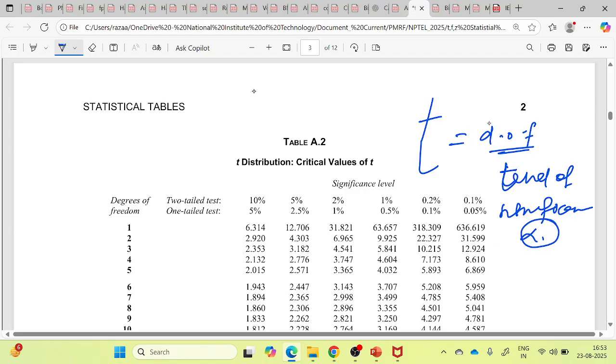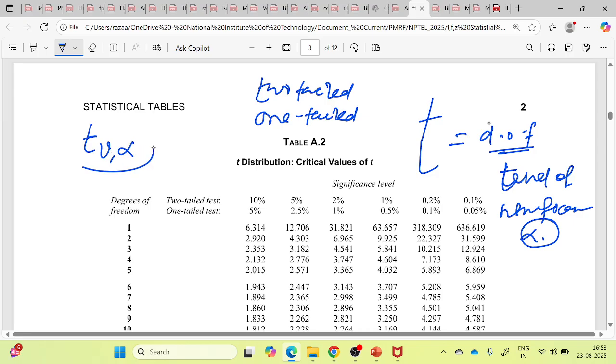If we check with that, we have two cases: two tail test and then one tail. So now we have to get the value of t at the degree of freedom and the level of significance.